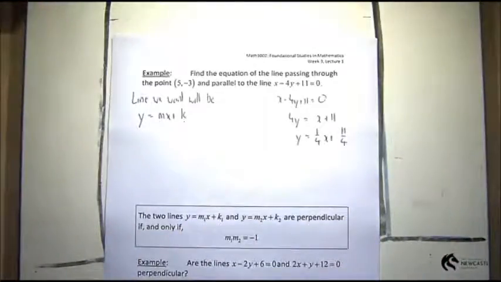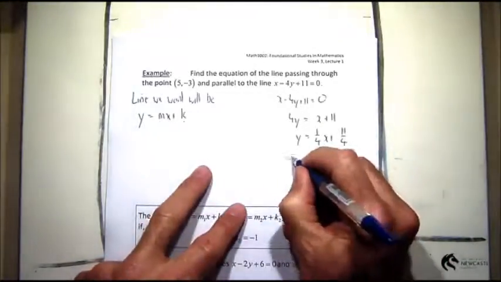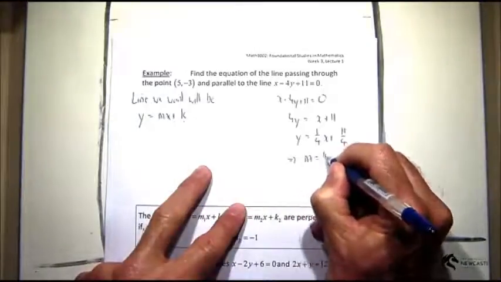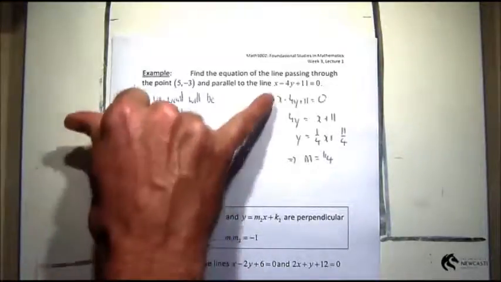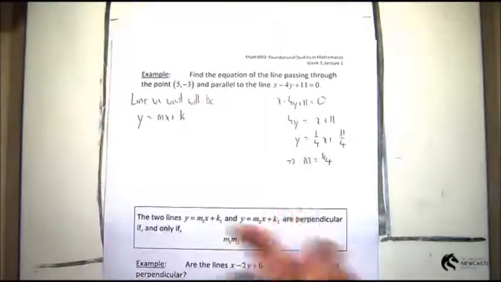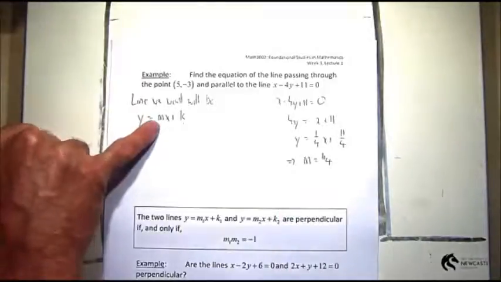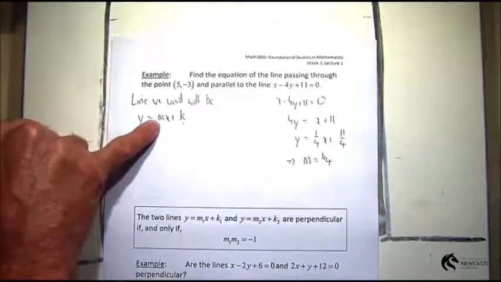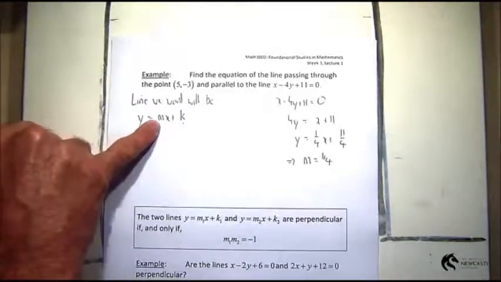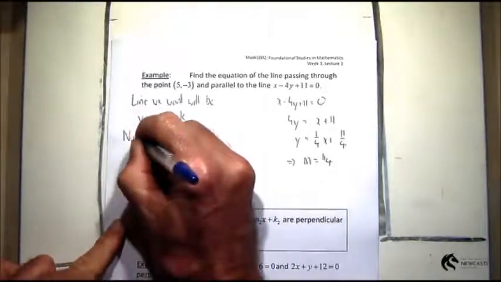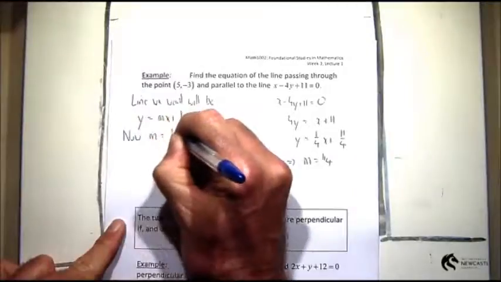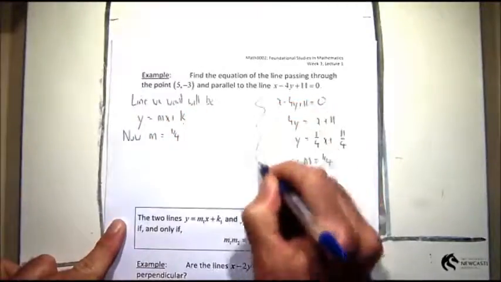And so the slope of this line is m is equal to 1/4. So I know this line has slope 1/4. So therefore I know that this line also has slope 1/4. Now m is equal to 1/4, and I can put that in.